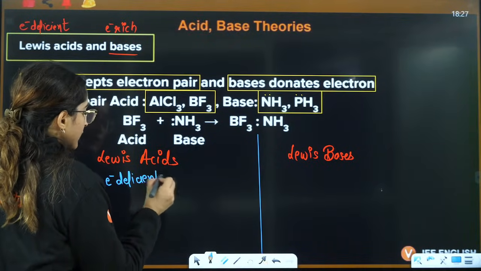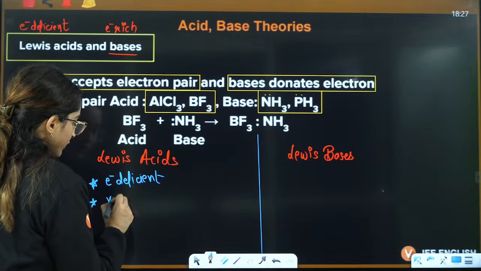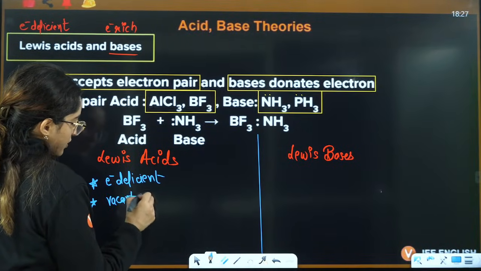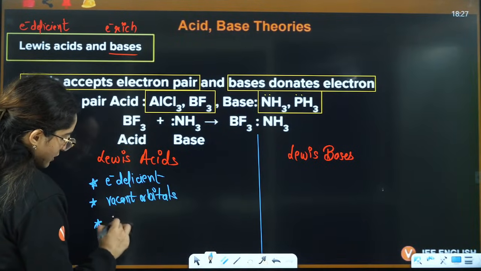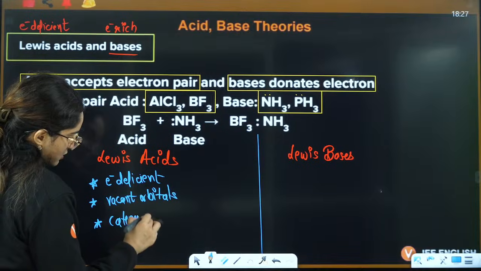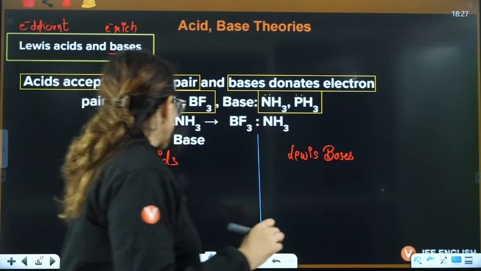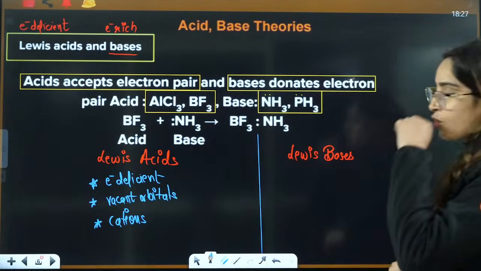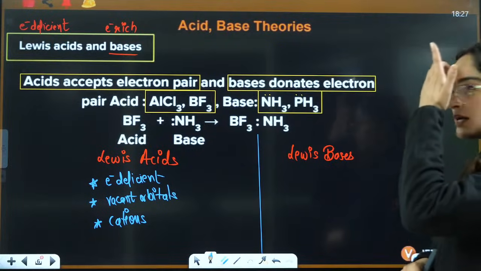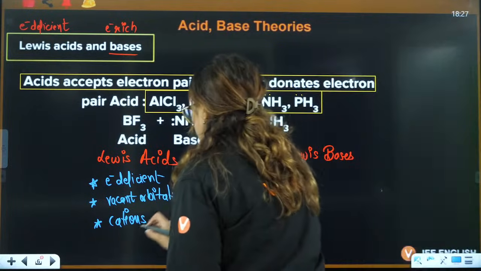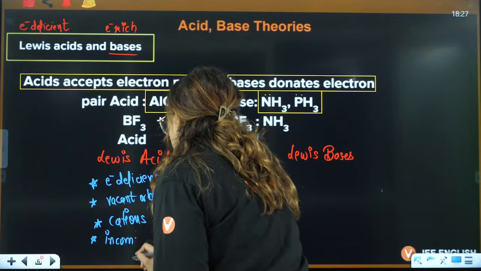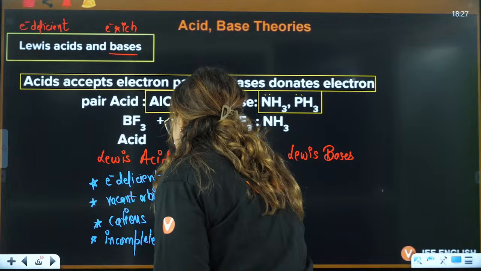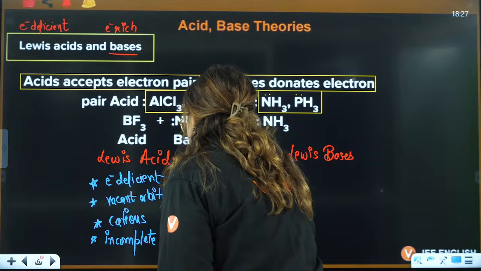That is why they will have vacant orbitals, or they can be cations. These are incomplete octet, like boron has incomplete octet. All these are Lewis acids, right?